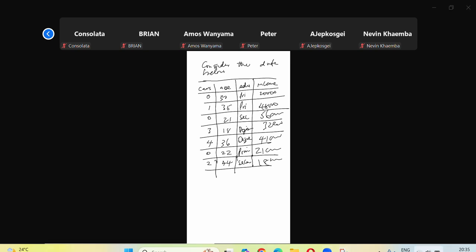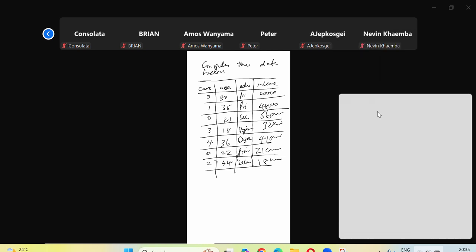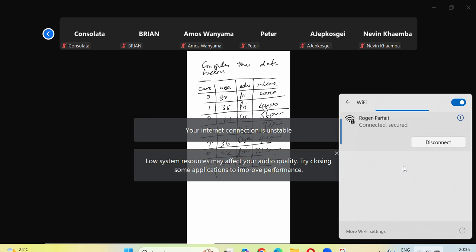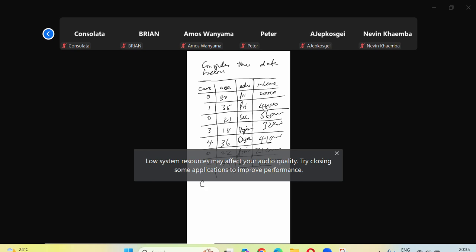It's cars, which is a count. Is that okay? So the model will be cars follows Poisson distribution first with parameter lambda.